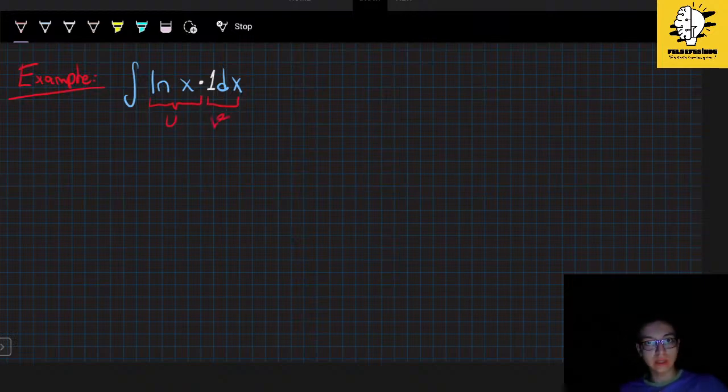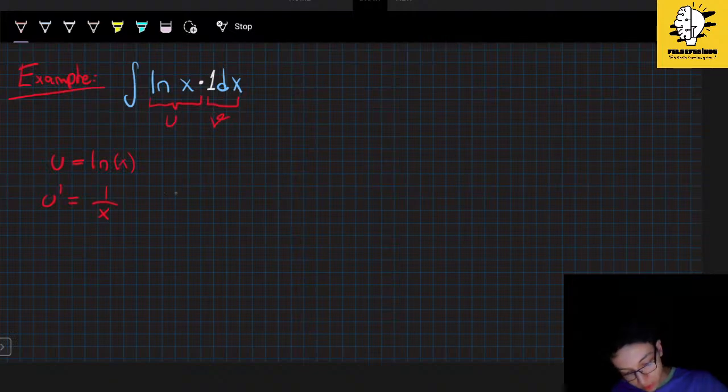We said it is a polynomial. 1 is a polynomial, right? It just has the power of 0. This is why we say 1 is a polynomial. So I will just say u is ln x, and u prime would be 1 over x. Therefore v prime would be 1, so v would be just x, and v prime would be what? 1 dx, right?